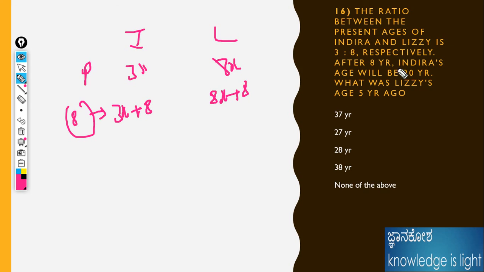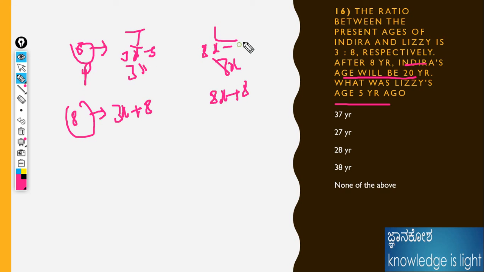They gave the question directly: Indra's age will be 20 years. Fine. Then they were asking 5 years ago. Fine, 5 years ago means 3x minus 5, 8x minus 5.